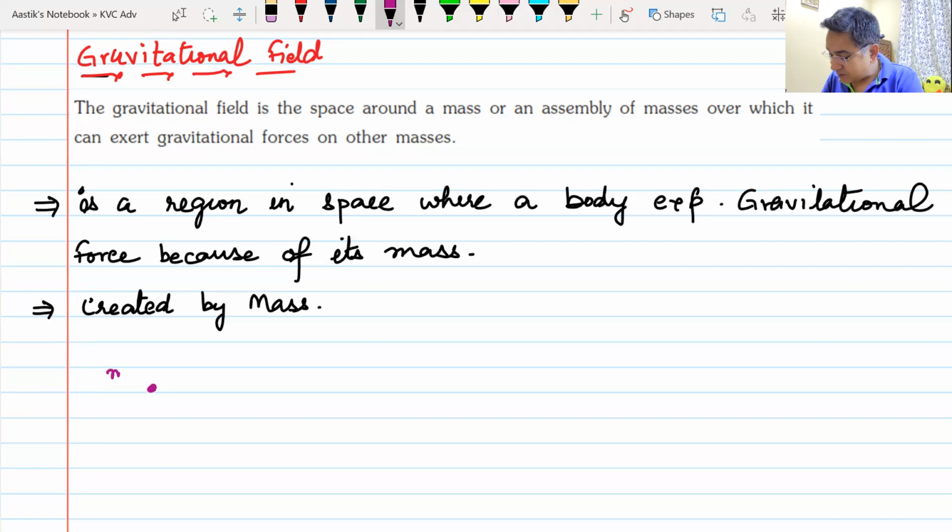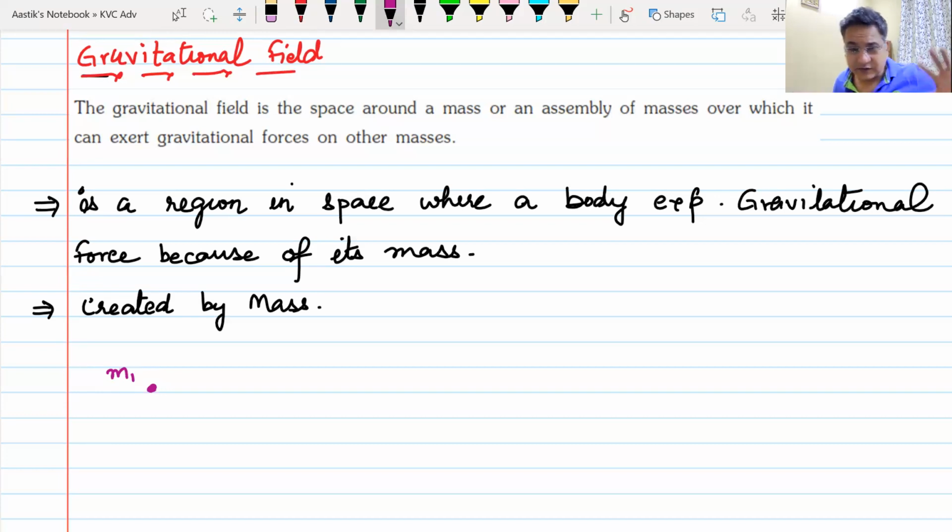For example, there is one body of mass m1. Everywhere around itself, it is creating an area of influence, a field where other bodies, if you place them there, will experience gravitational force.